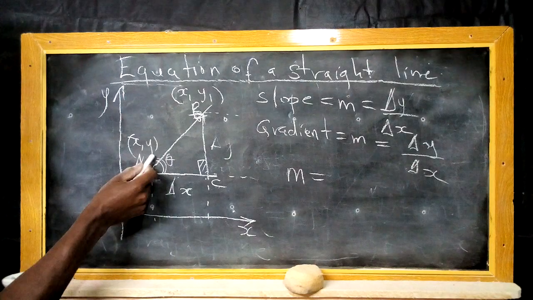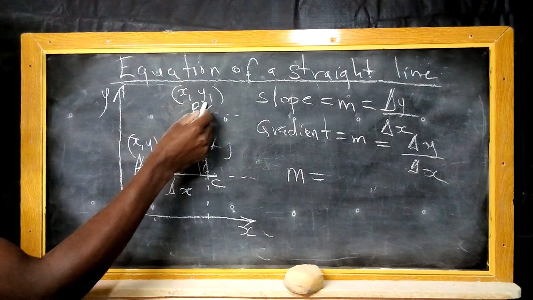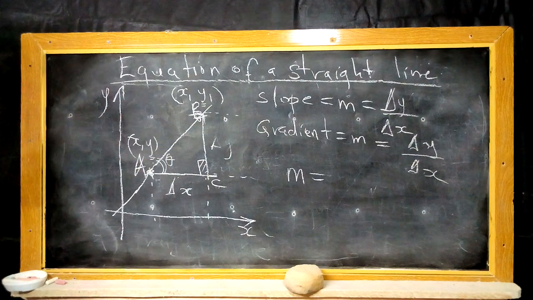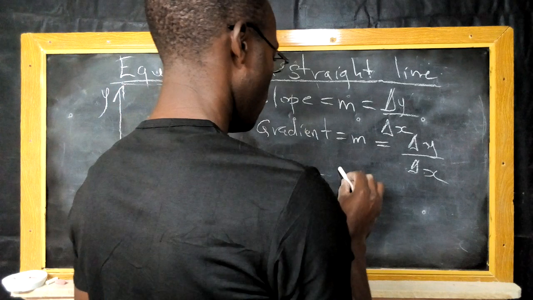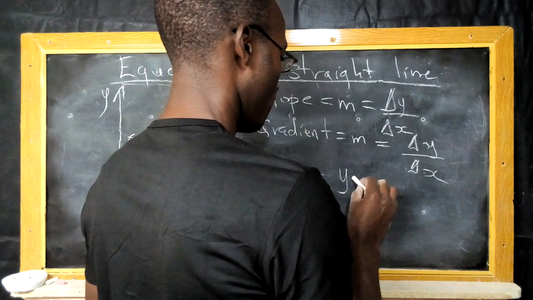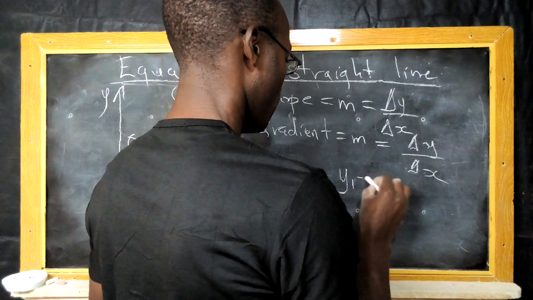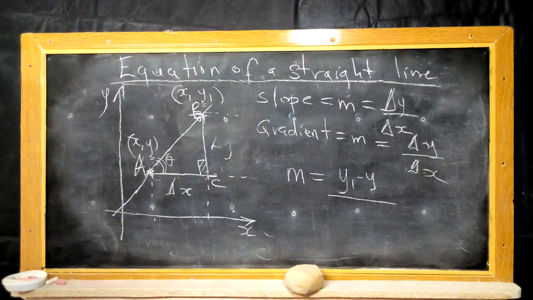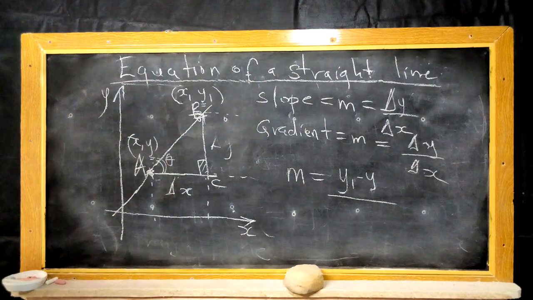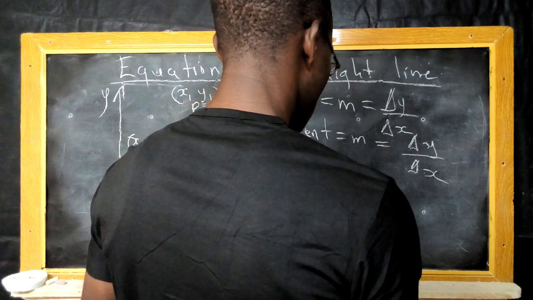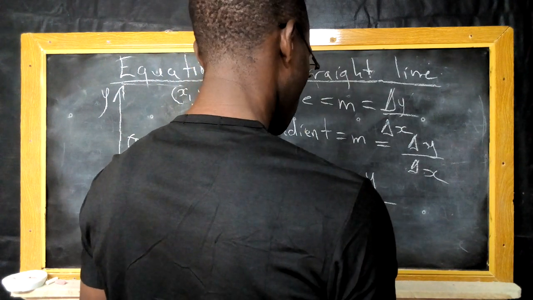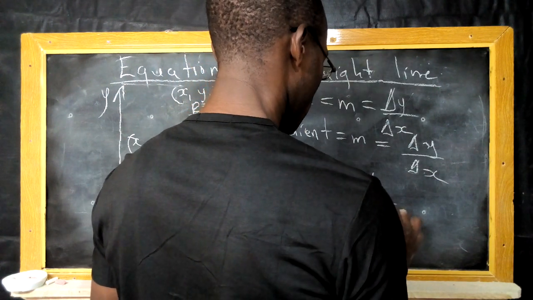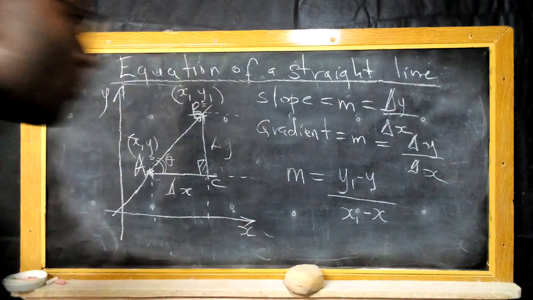So y has moved from y to y1, so change in y is y1 minus y, divided by the change in x, which is x1 minus x.